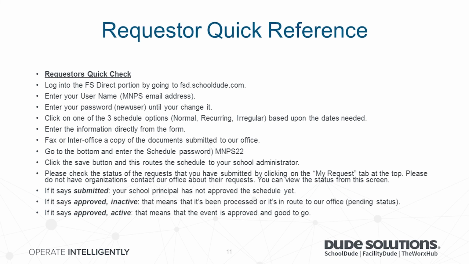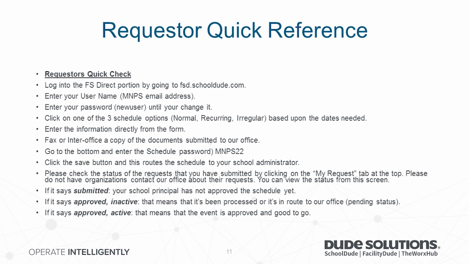And then I tell them to check their status because, again, I can't possibly take every phone call and every email request. So I would tell them if it says submitted, or in my physical training, I would use the traffic light. If it has the red dot there, that means that it has not yet been approved by your school principal. So there's a stop at some point.